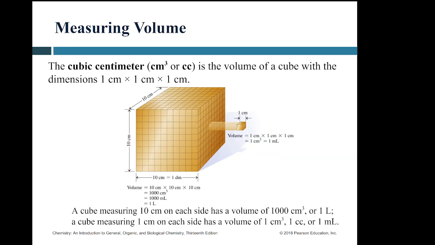So this right here is measuring volume. We have the cubic centimeter, or cc, and this right here is 10 centimeters on each side. That's a decimeter. If you took this cube, does anybody know what that volume would be? It is 1 liter. A liter is actually a decimeter cubed.